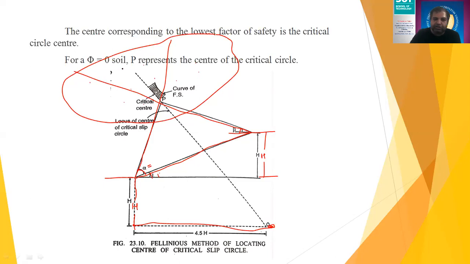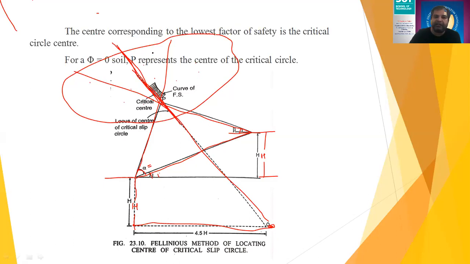Now you need to draw a line passing through this particular point P and join this particular point. Then you can say that the location of the center is on this line.